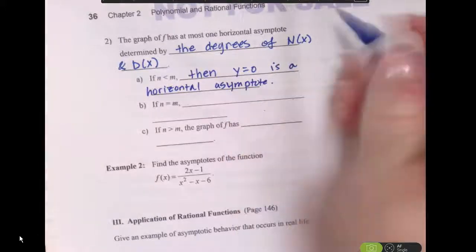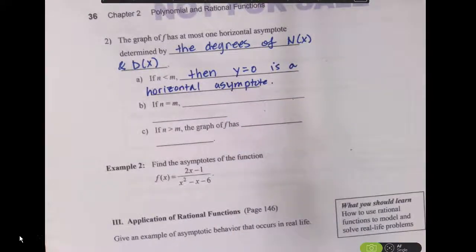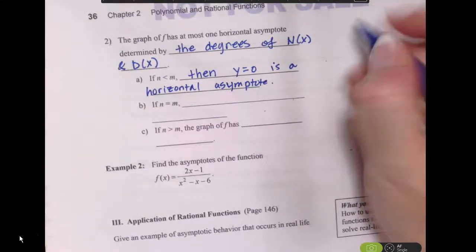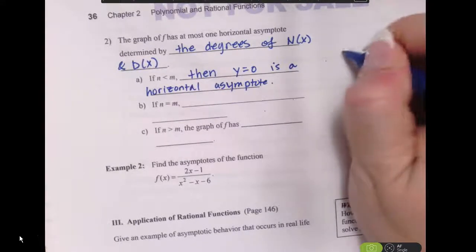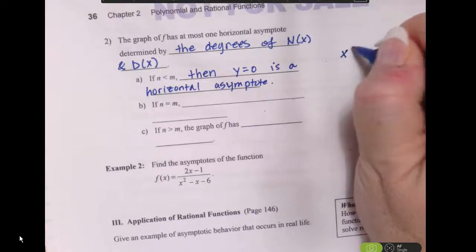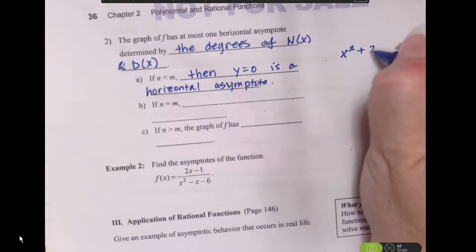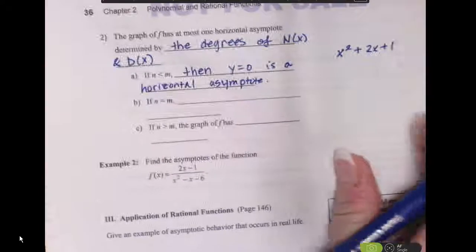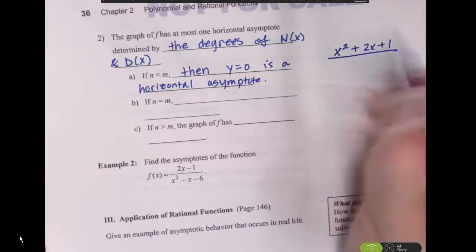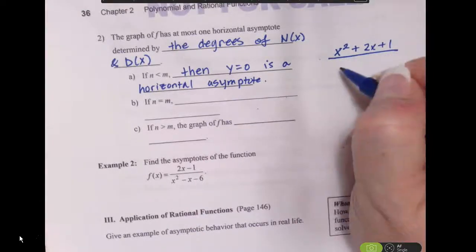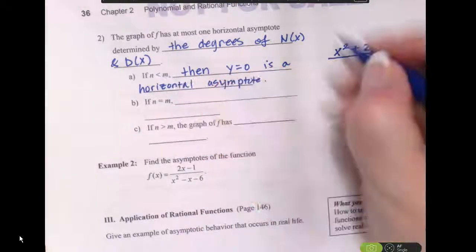So let's look at what that means. So n is the degree of your top polynomial. So if you have, say, x squared plus 2x plus 1 up top, then m is the degree on the bottom, and we're saying if n is less than m.